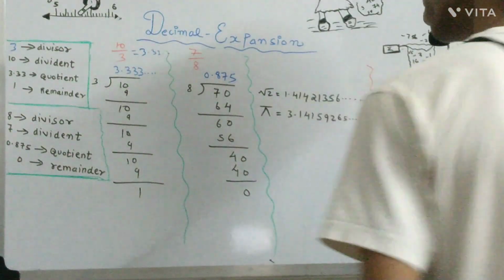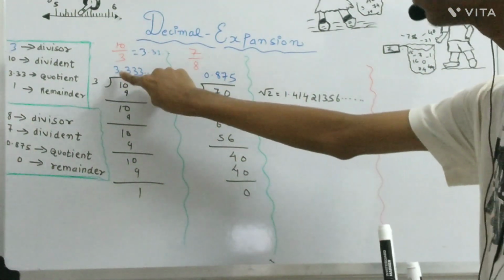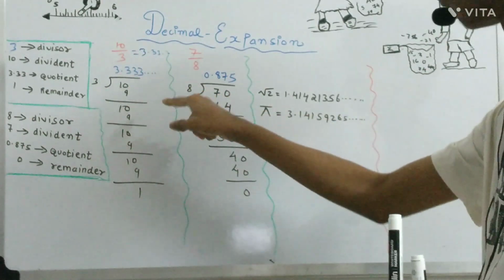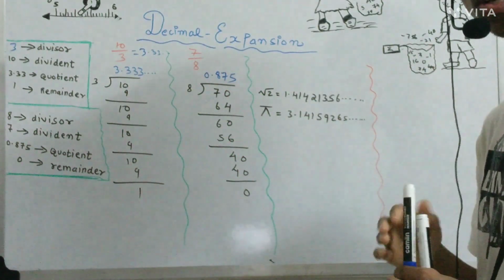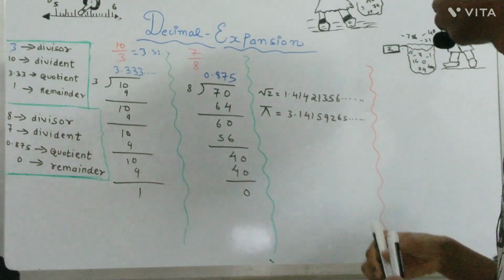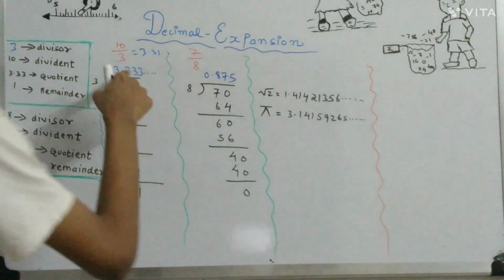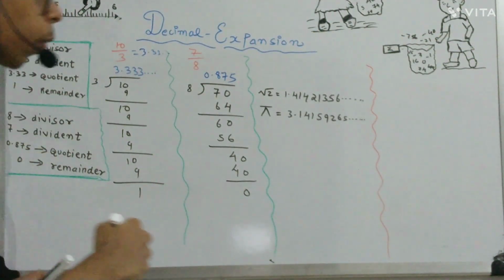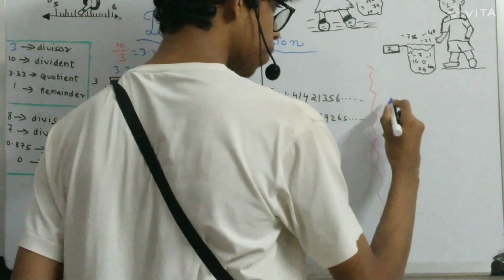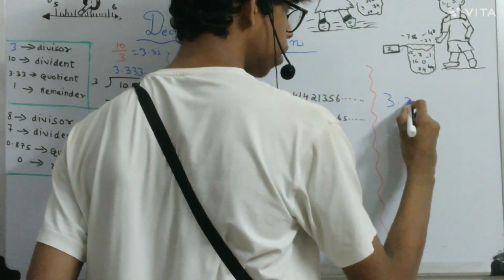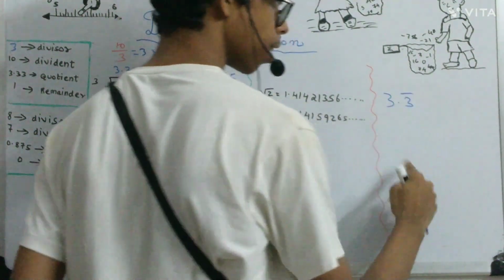We see that after the decimal point the digit 3 keeps repeating, so we usually represent this as 3.3 bar.